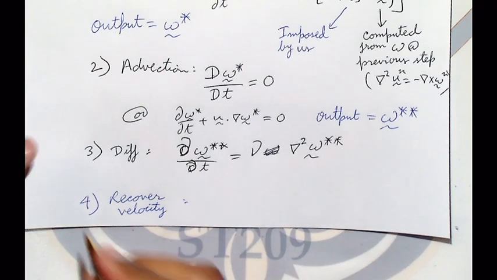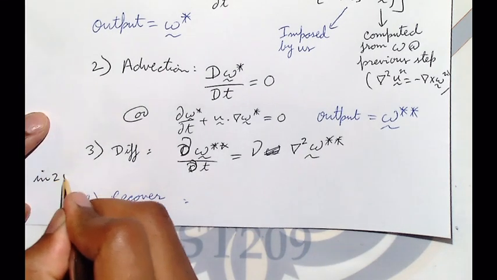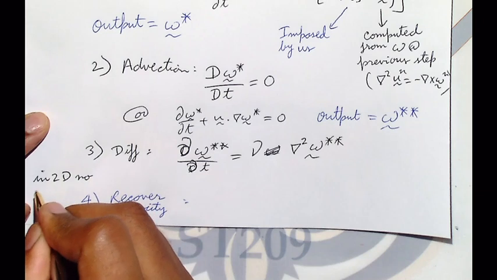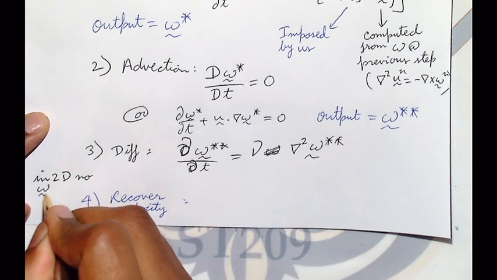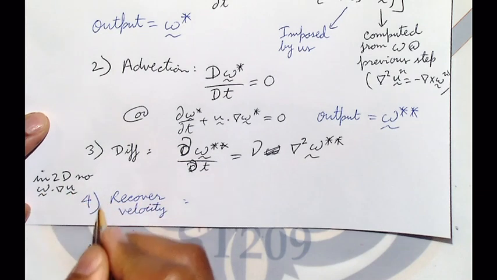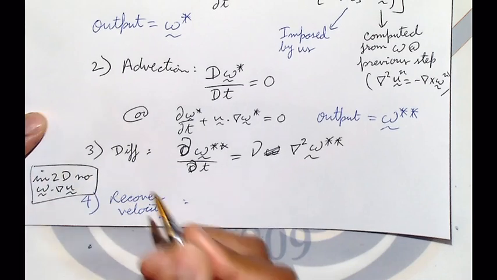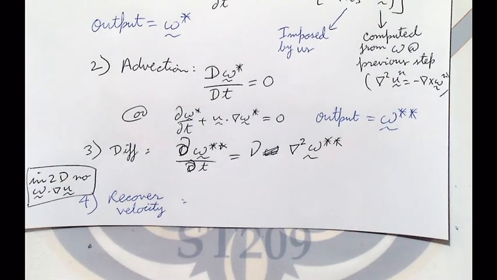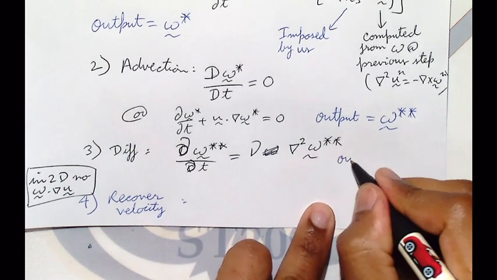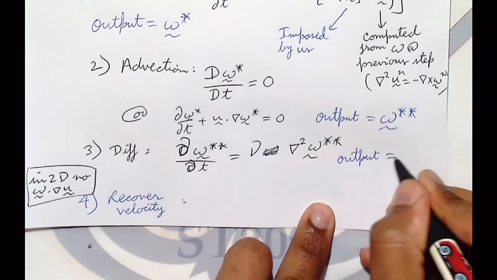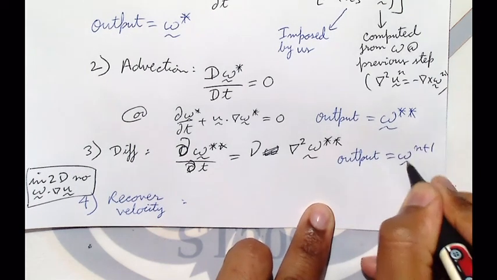So let's zoom into D. No vortex stretching term. Let's say the output here is omega^(n+1). So we're basically done here.